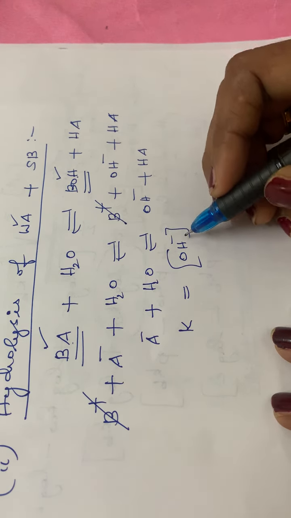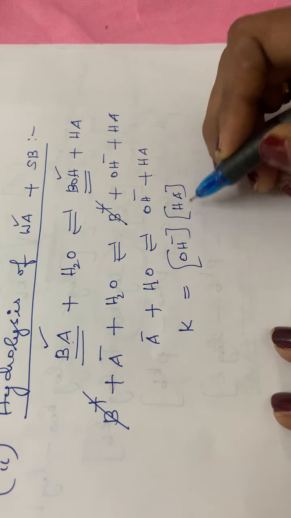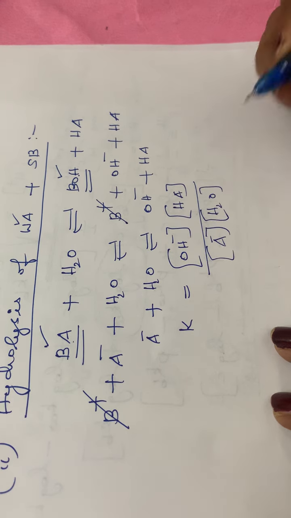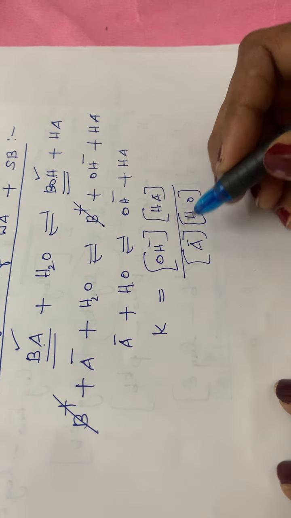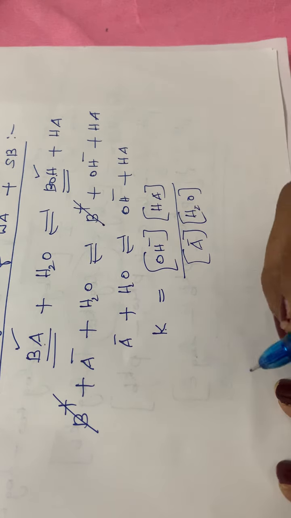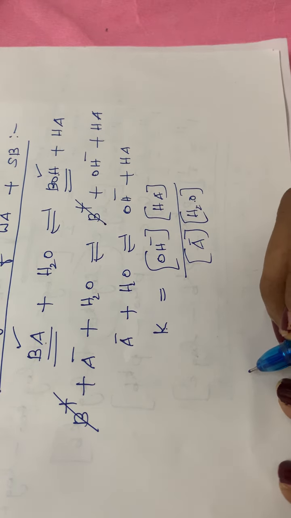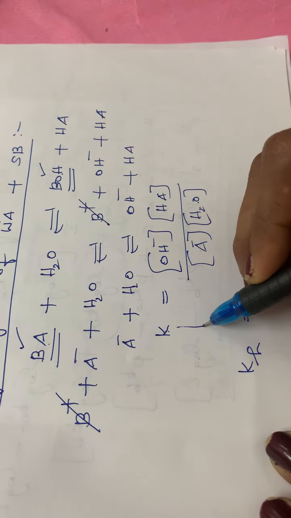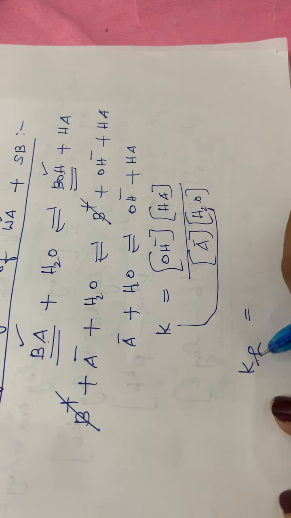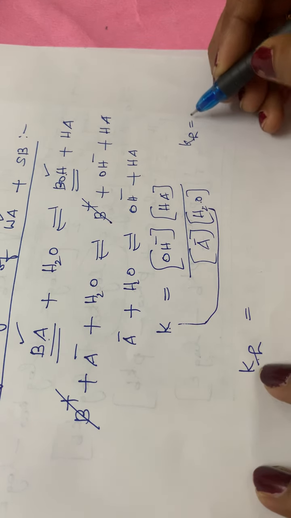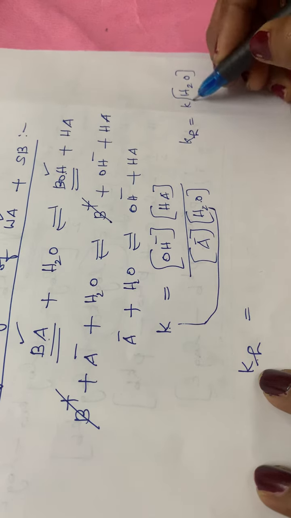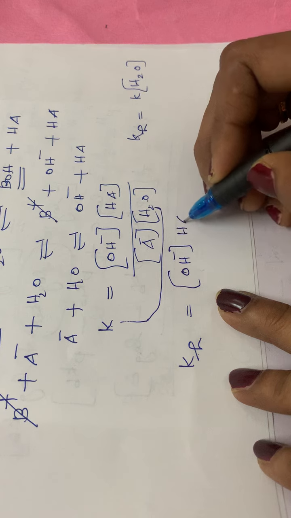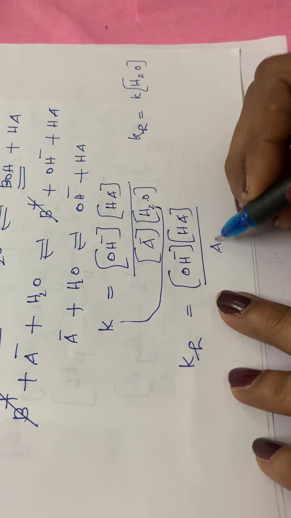Then again this H2O we can take to multiply with this K. So K into H2O becomes Kh, the hydrolysis constant.